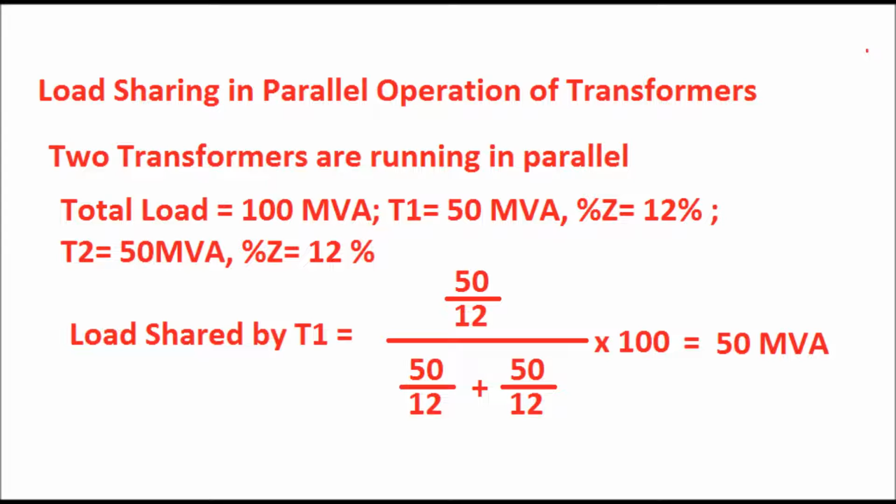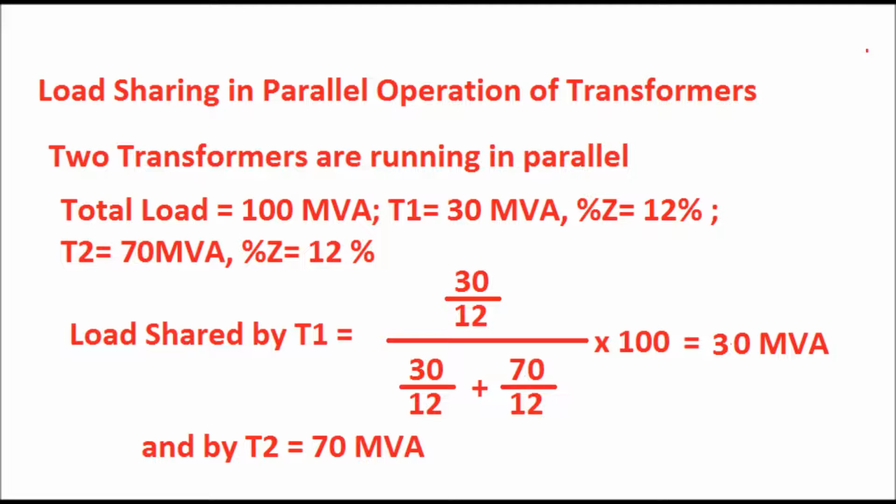So the load shared by T1 will be equal to 50 by 12 divided by 50 by 12 plus 50 by 12, into 100, which comes as 50 MVA. Similarly, the load shared by T2 will be the same. So if the MVA capacity and percentage impedance are the same, then the two or three transformers running in parallel will share equal load in MVA or kVA capacity.